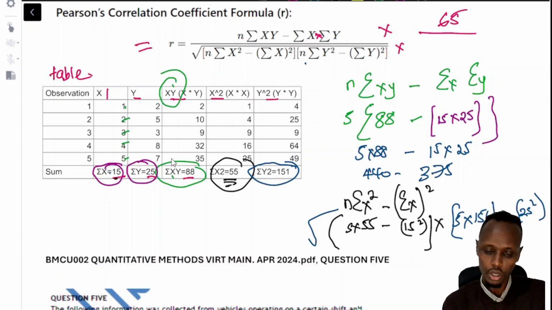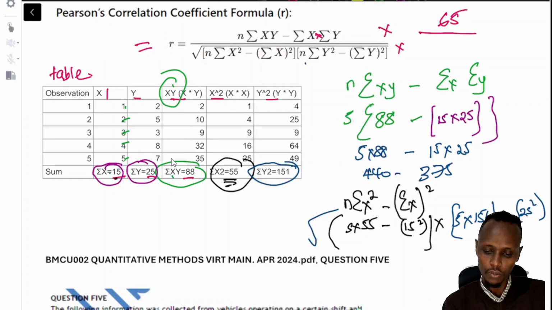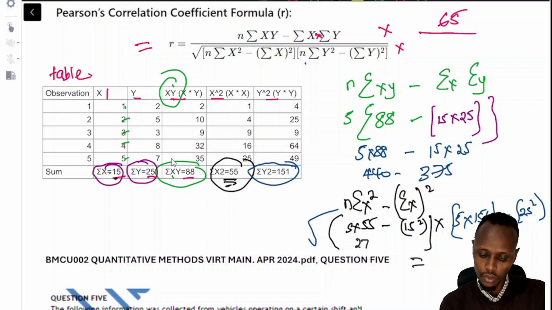So let us continue with our calculation. 5 times 55, that is 275. So 275 minus 15 squared; 15 times 15 is 225.